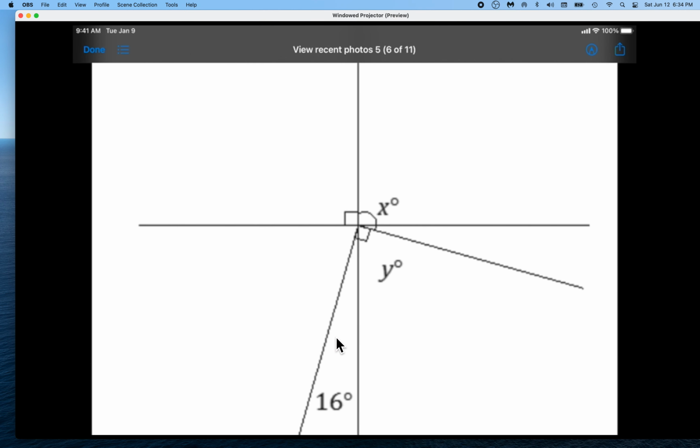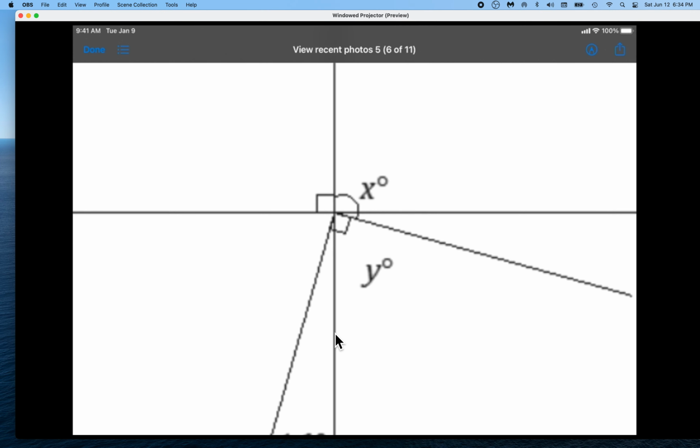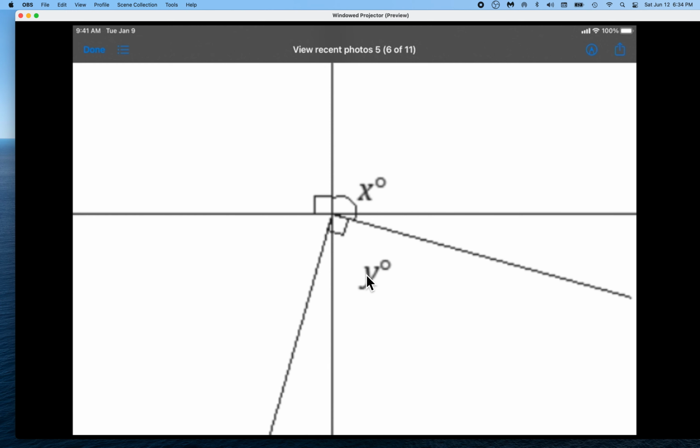Let's do one or two more. Here we go. Another complicated construct here. Take it a step at a time. You know that this whole distance here, red to red, is 90. Okay.